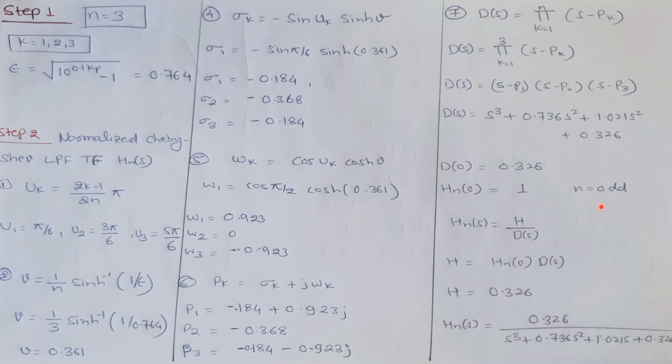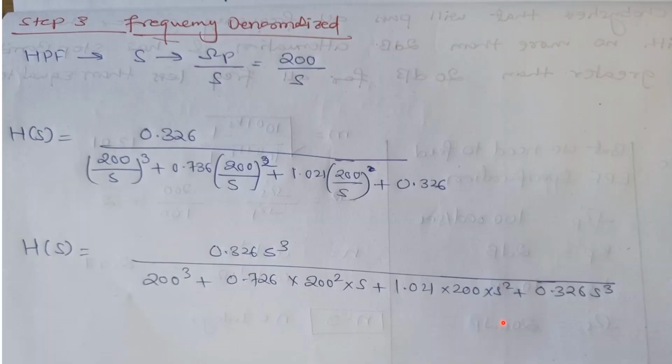Because n is odd, n is equal to 3, so H naught 0 is equal to 1. If you put s equal to 0 over here, you will get d0 equal to 0.326. Once you put the values, you will get h naught upon s cube. This transfer function you will get is the normalized transfer function.